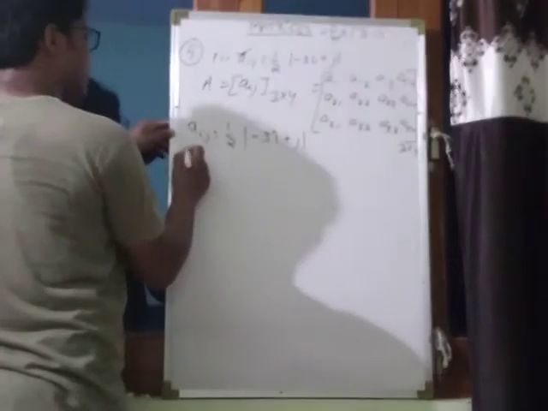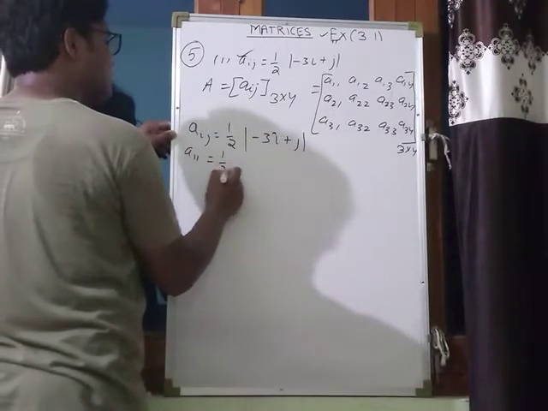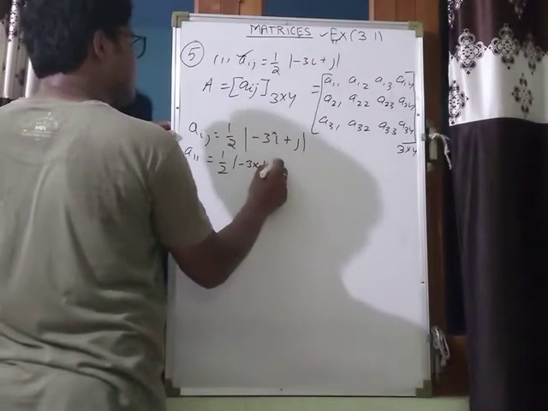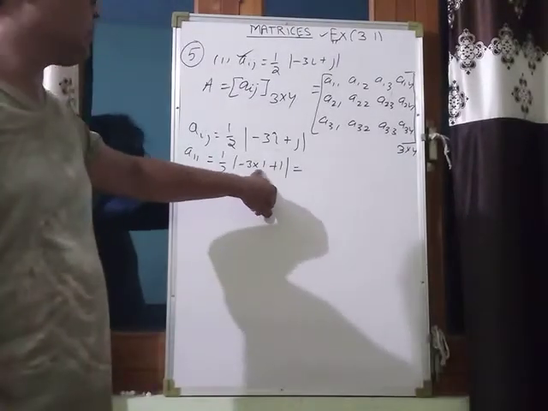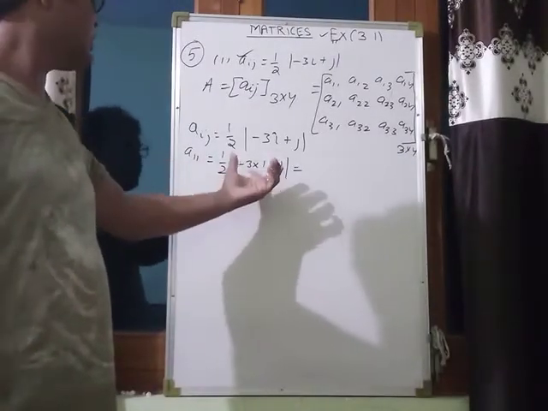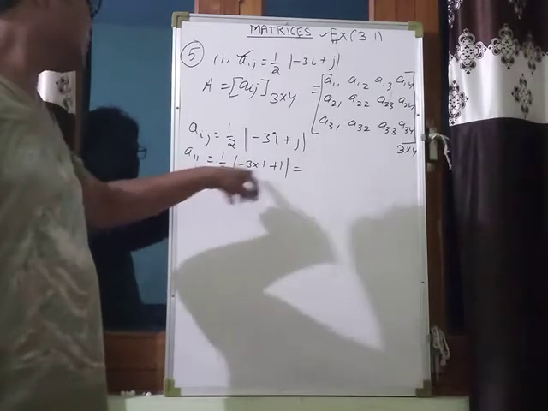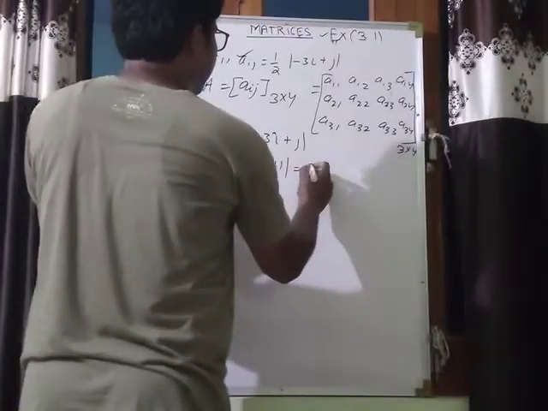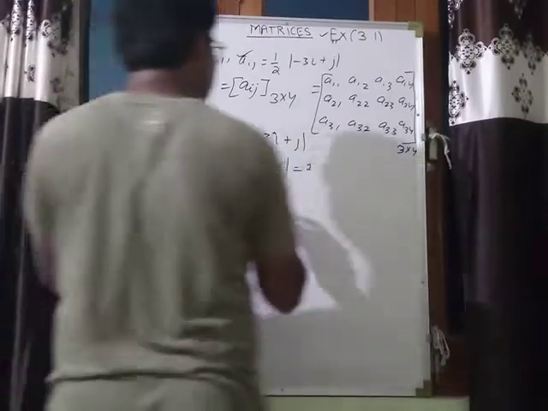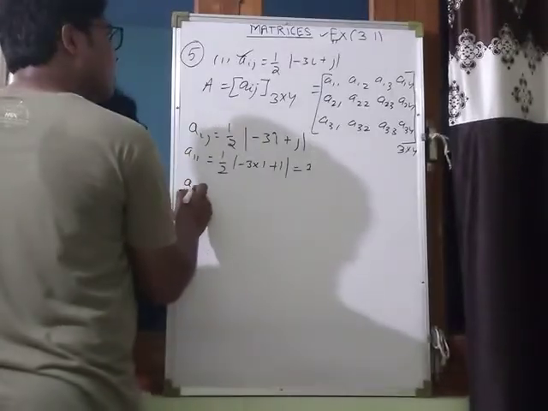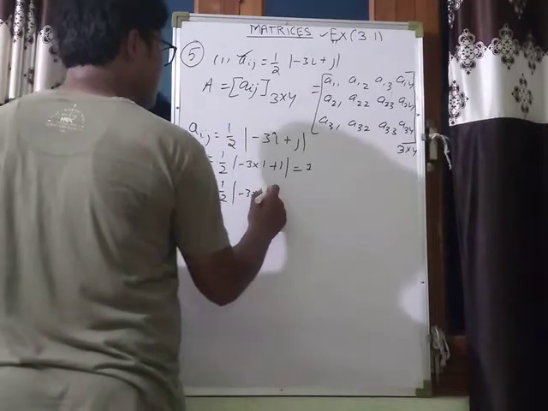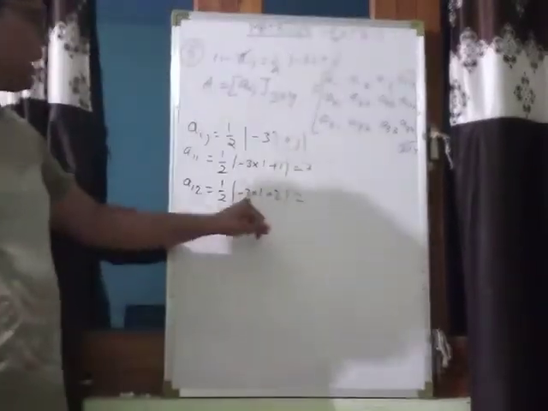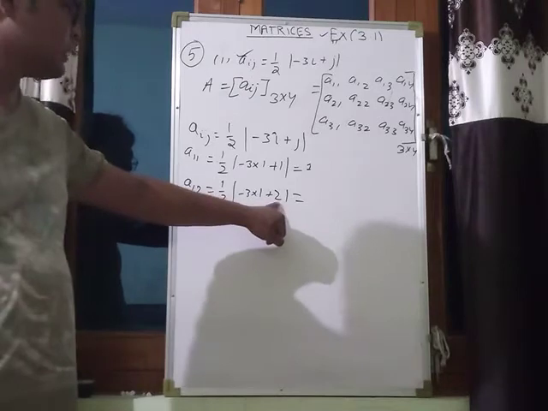So A11 will be what? 1 by 2 mod of minus 3 into 1 plus 1. That is minus 3 plus 1, that is minus 2. It is mod, so it will be plus 2, divided by 2, that is 1. Now A12 is 1 by 2 mod of minus 3 into 1 plus 2, that is minus 3 plus 2, that is minus 1.